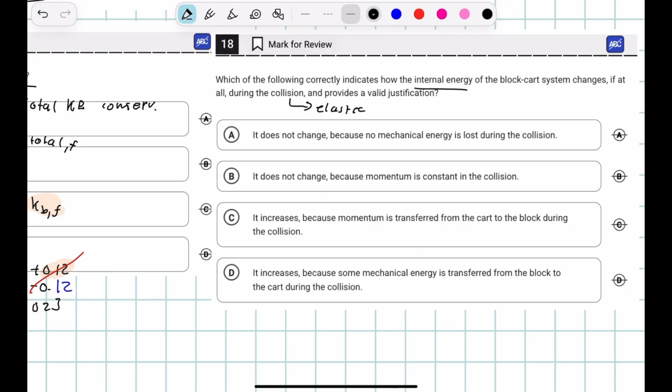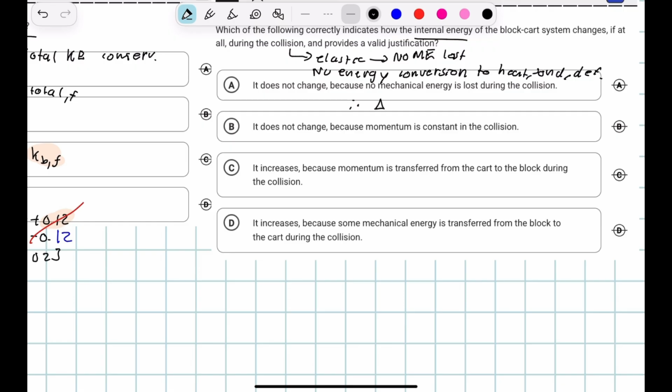When we have an elastic collision, we know that no mechanical energy is lost, and so that means that no energy is converted to heat, sound, or deformation. So therefore, we know that the change in the internal energy is going to be equal to 0.